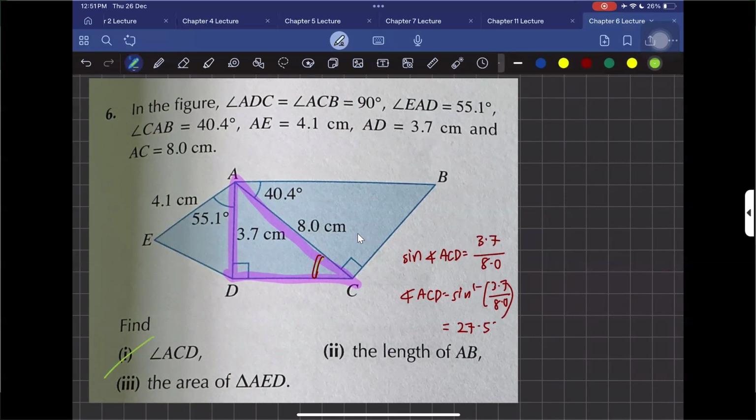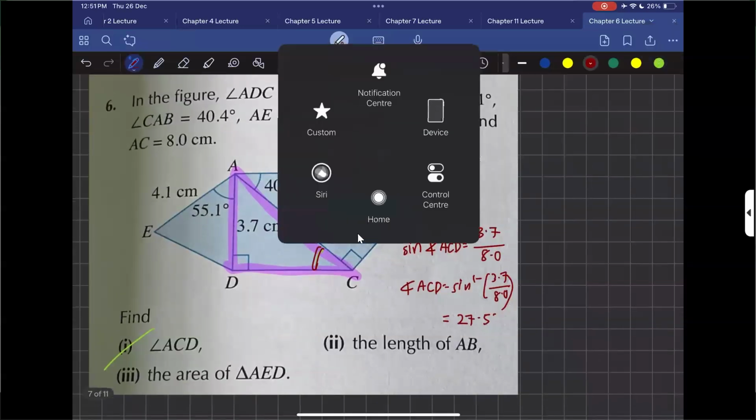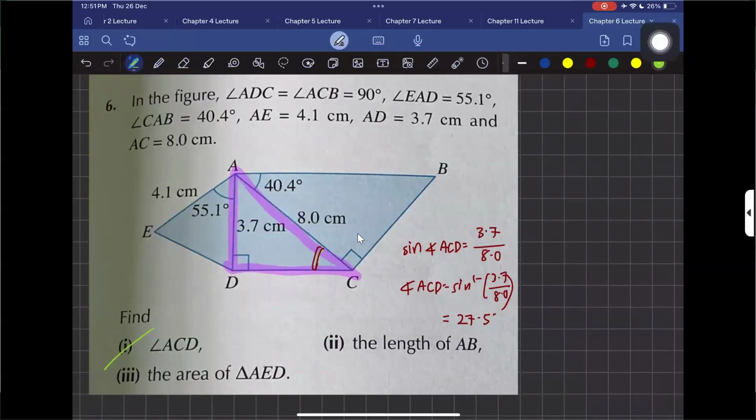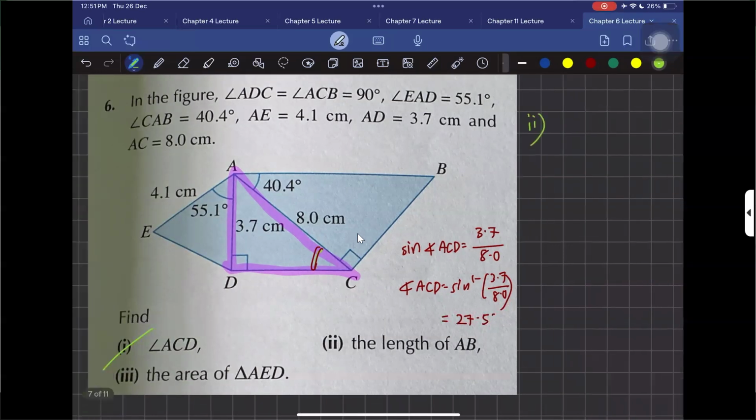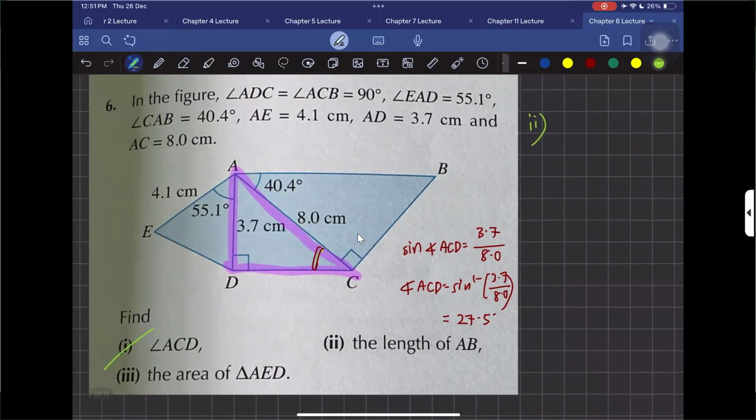Now let's take a look at part 2. Find the length of AB. Again, this is your trigo identities. If you see, this is your hypotenuse, and if you take the angle to be BAC, then this would be adjacent.